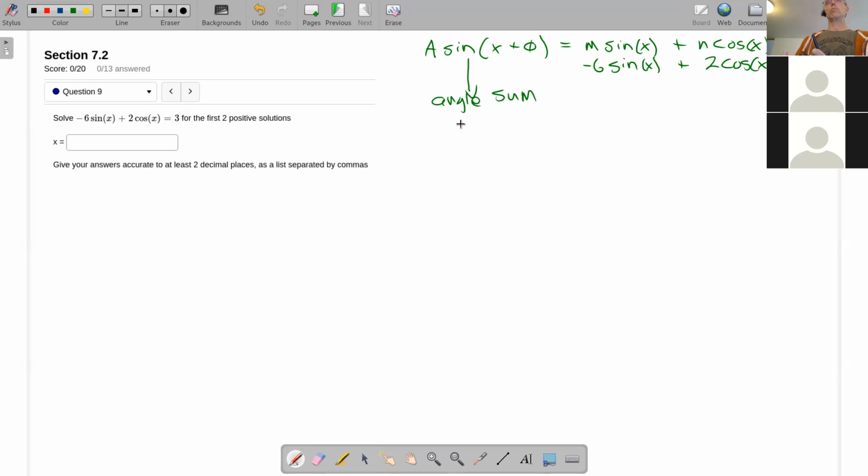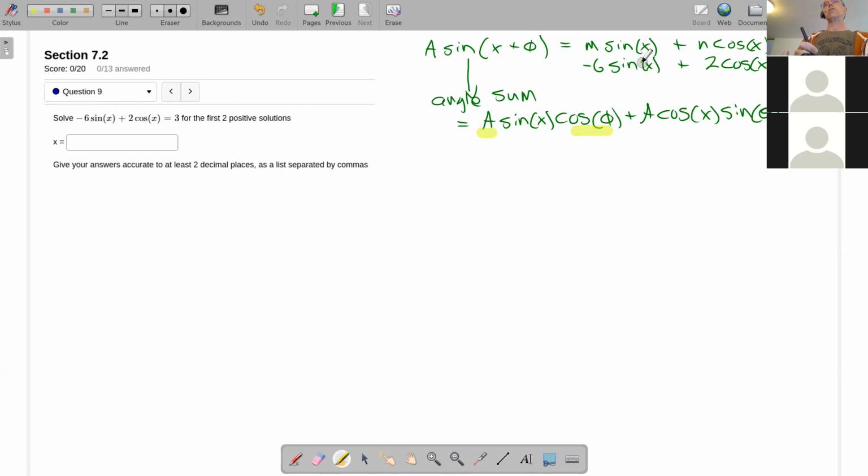So the angle sum formula says that top thing is going to be equal to a times the sine of x cosine of phi plus a times the cosine of x sine of phi. And in this case here, the a and the cosine phi are constant.